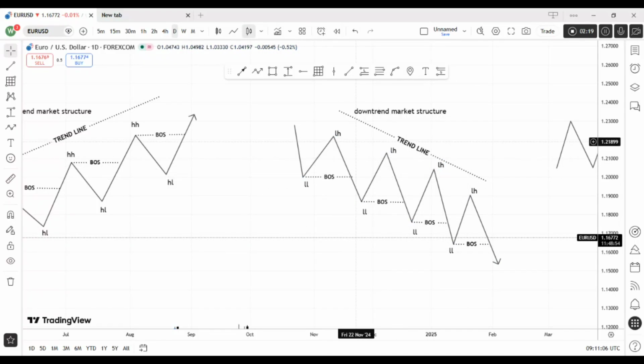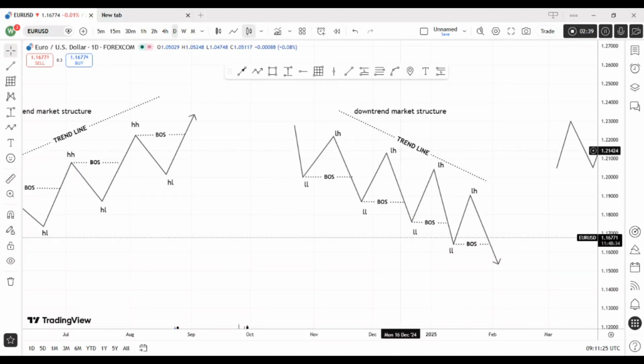Here, the market is moving in a downtrend. It is sloping downwards, meaning sellers are more powerful in the market than the buyers.